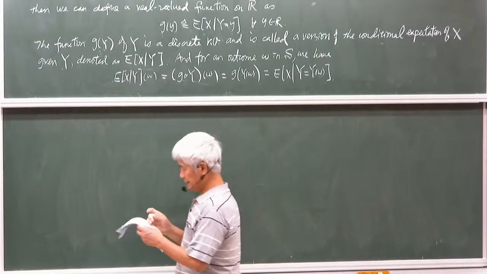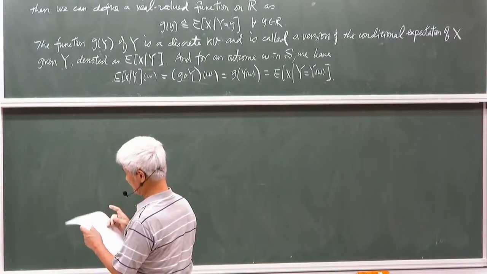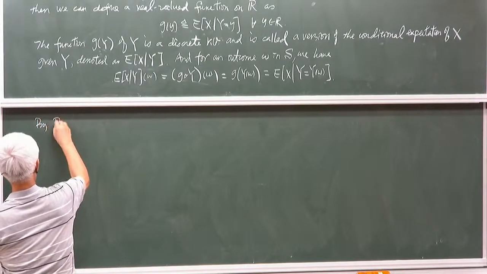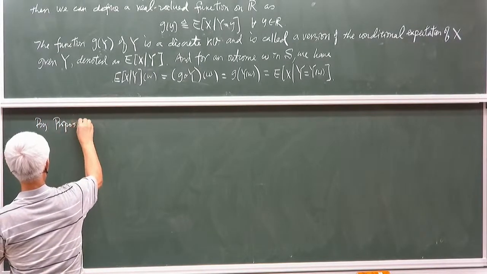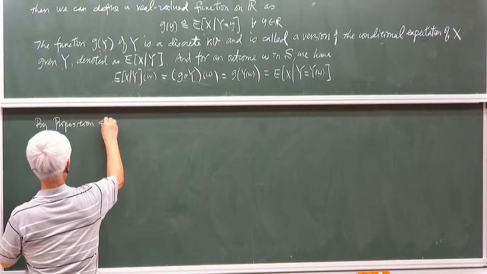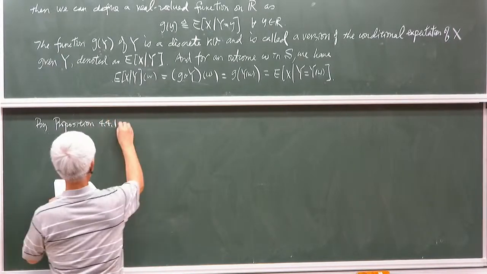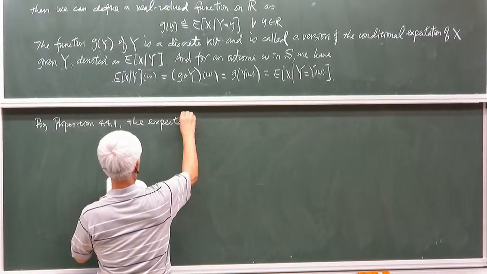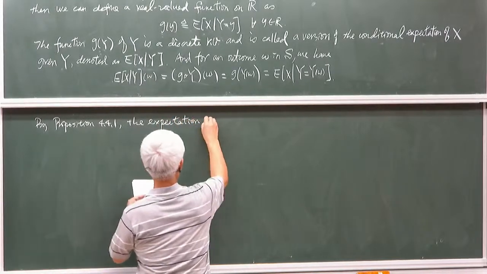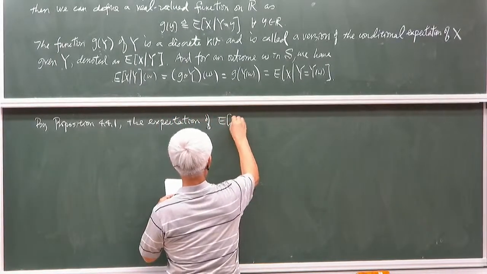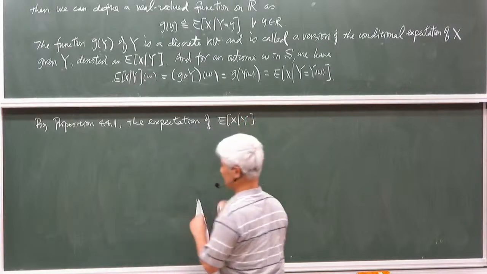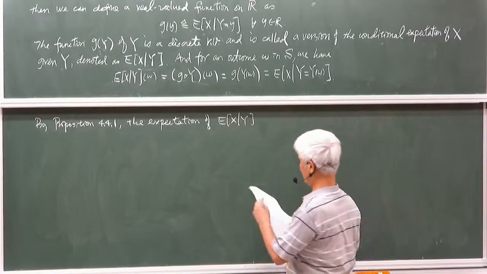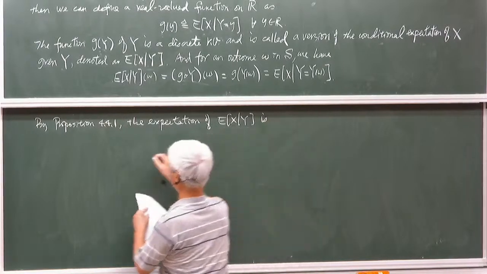Since it's a discrete random variable, now by Proposition 4.4.1, the expectation of this random variable, the conditional expectation of random variable X given random variable Y, is here.